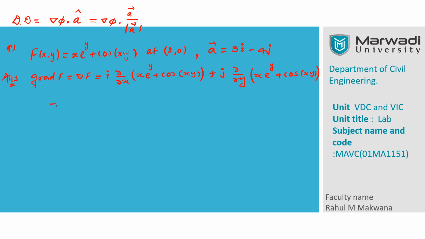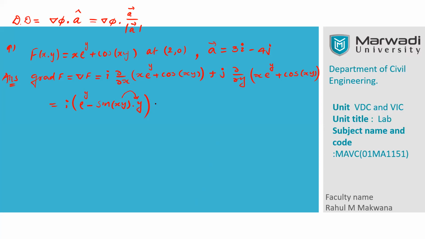So we have i, partial differentiation with respect to x. So x becomes 1 and we have e raised to y. Cos theta gives minus sine theta. Again, x into y with respect to x is y. So it is 1 and we have y.